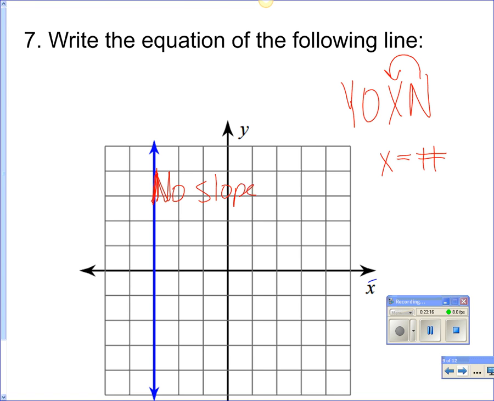Got to look at our x because it's x on this one. This is the x. And it crosses right there on the x. So how many is that? -3. So our answer is going to be x equals -3. That's our final answer. X equals -3.